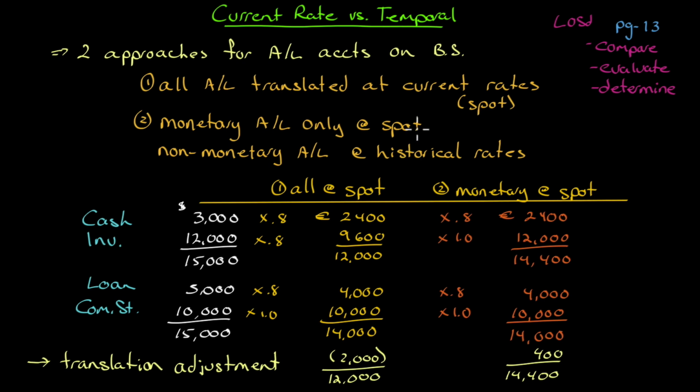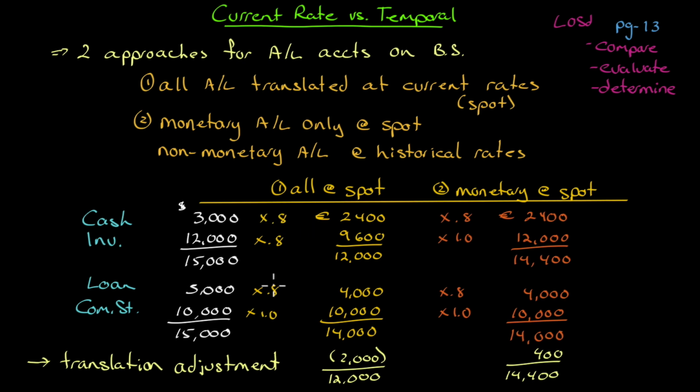So let's take our initial balance sheet, cash, inventory, loan, and common stock that we had, and let's translate it under scenario one, all translated at spot, and number two, monetary assets only at spot, the rest at historical rates. So if we're translating assets and liabilities at spot, notice it says all assets and liabilities. It doesn't say all accounts, just assets and liabilities. Why? Because common stock will stay translated at the historical rate.